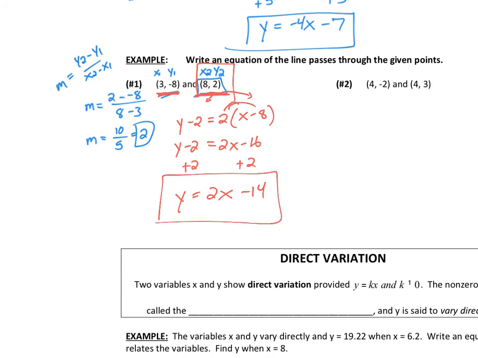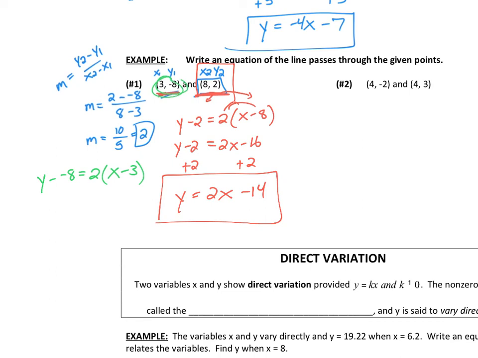Okay, and I'm just going to show over on the left that you would actually get the same thing. I'm just going to pick a different color. So I'm going to plug in this point now. If I use that point, it will be y minus negative 8 equals 2 times x minus 3, because I plugged in the 3 and the negative 8.